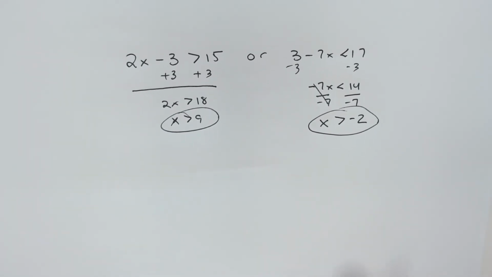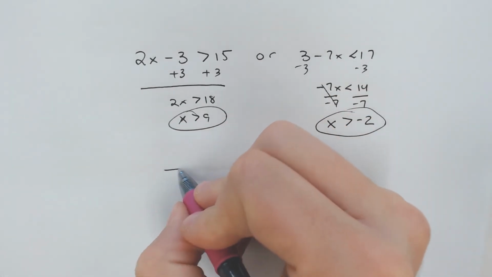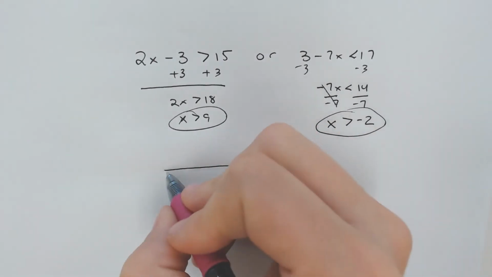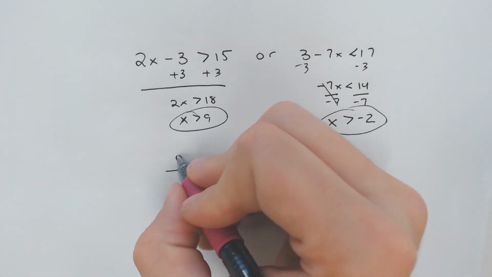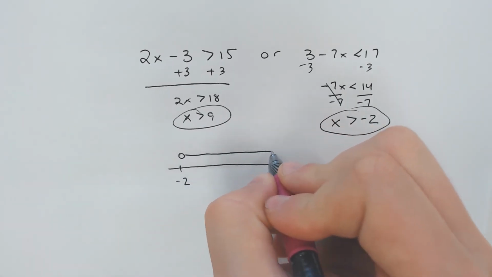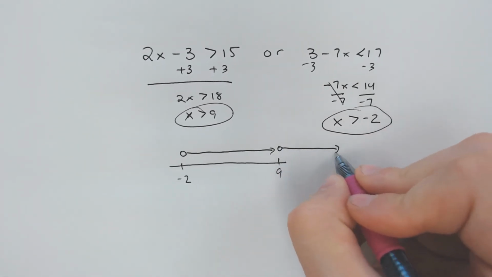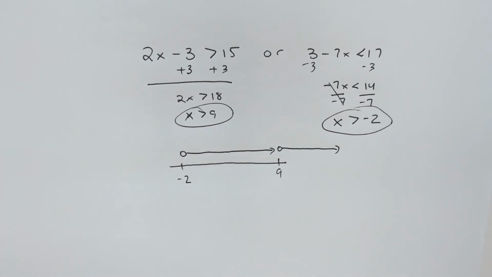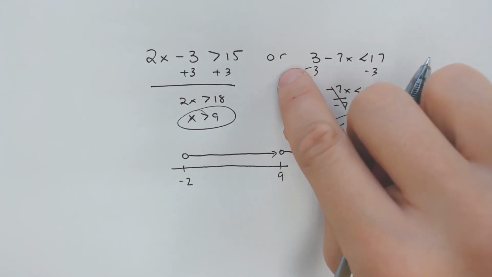Okay. Now, the question is, what's going on here? If we plot 9, we plot negative 2, and both of them have a hollow circle to the right of negative 2, and also to the right of 9. So what's the actual answer here? Because of the word or, that affects the problem.